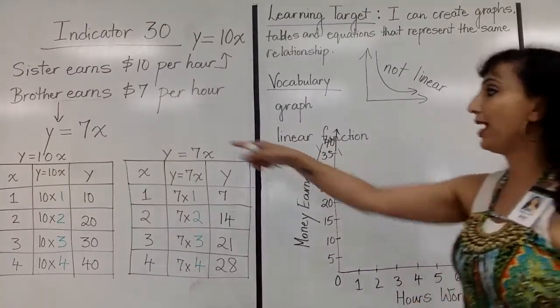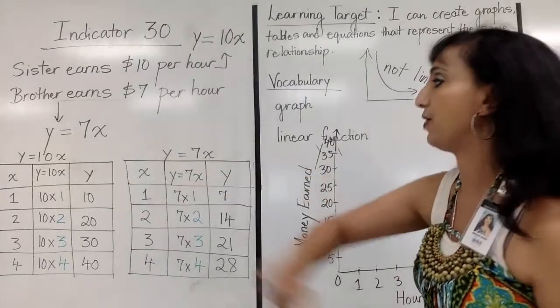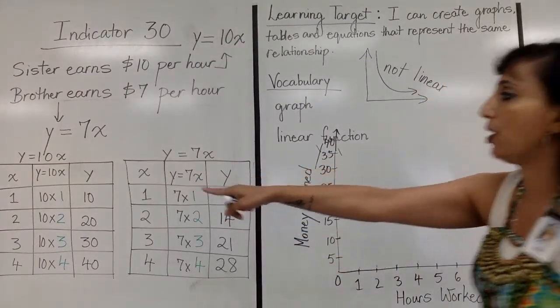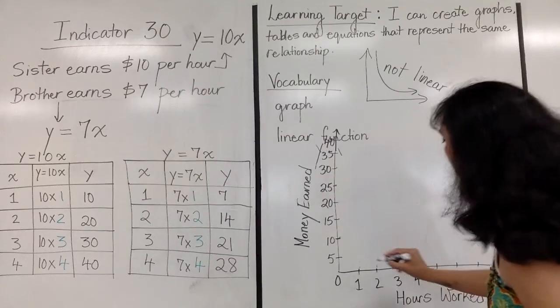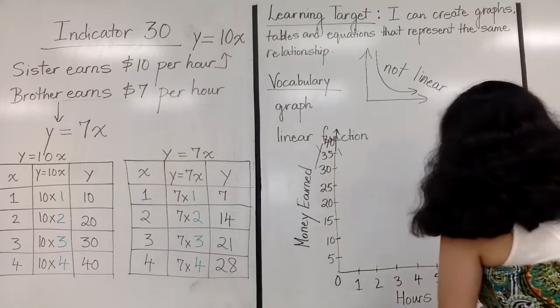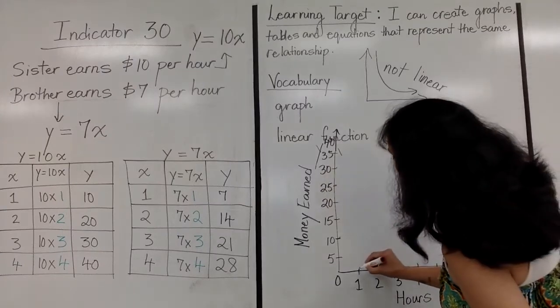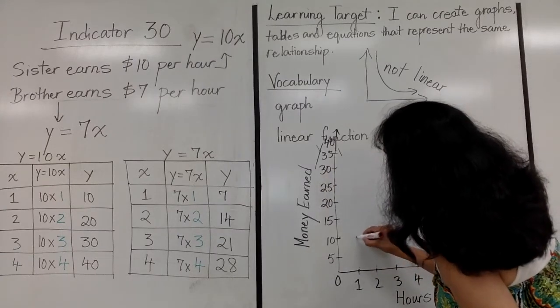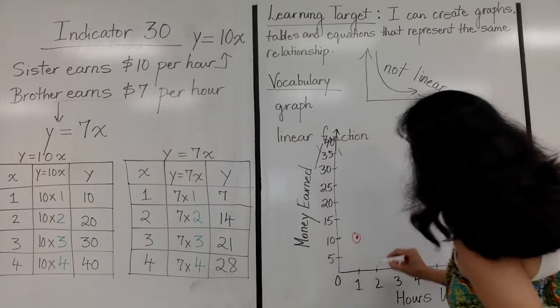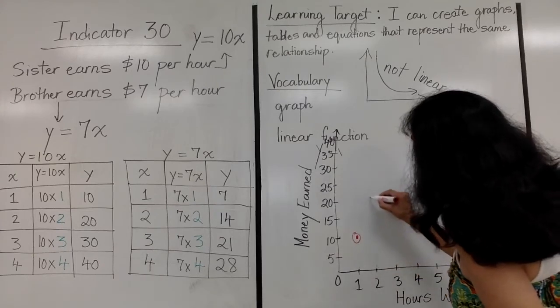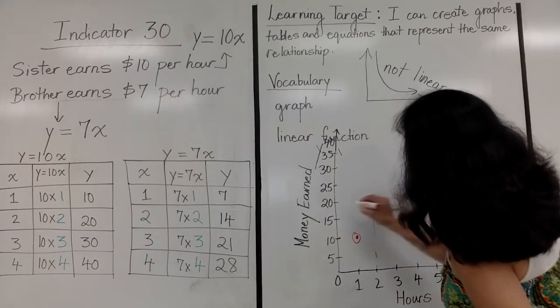Okay, so let's do y is equal to 10x first. So my ordered pairs were 1, 10. Okay, so I am going to use the red color for y is equal to 10x. With 1, I have 10. Okay, with 2, I have 20.